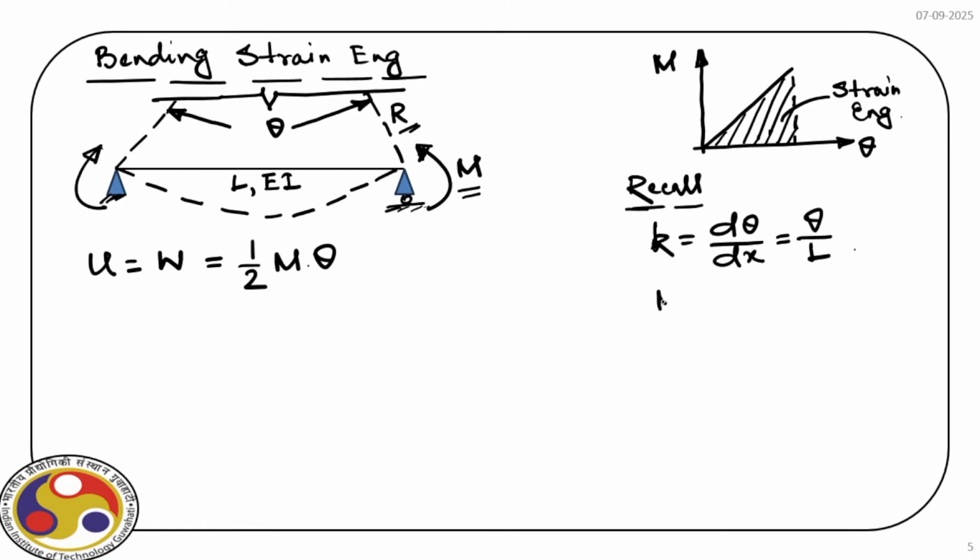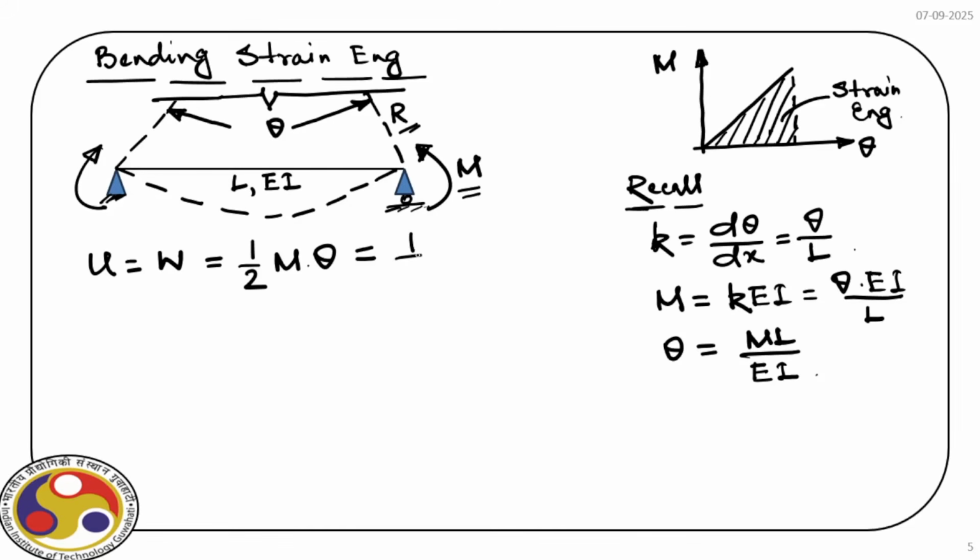Okay, so now capital M is equal to kappa times E times I. So what we have, theta times EI divided by L. This we have derived earlier. So we get the expression of theta. Theta is equal to ML divided by EI. So if we put that expression here, we have half M square L divided by EI.